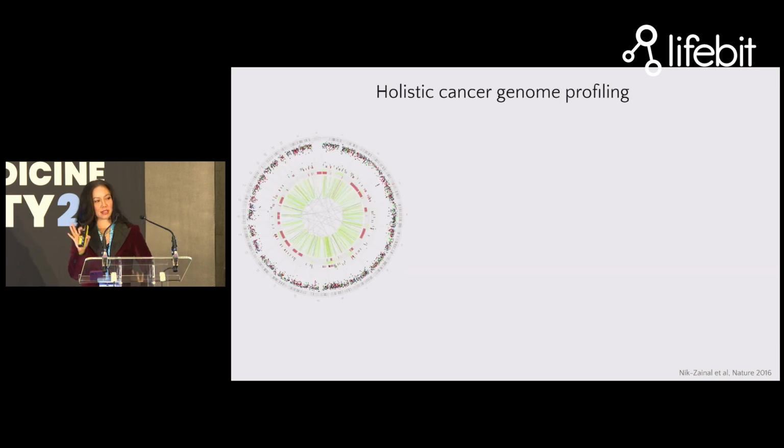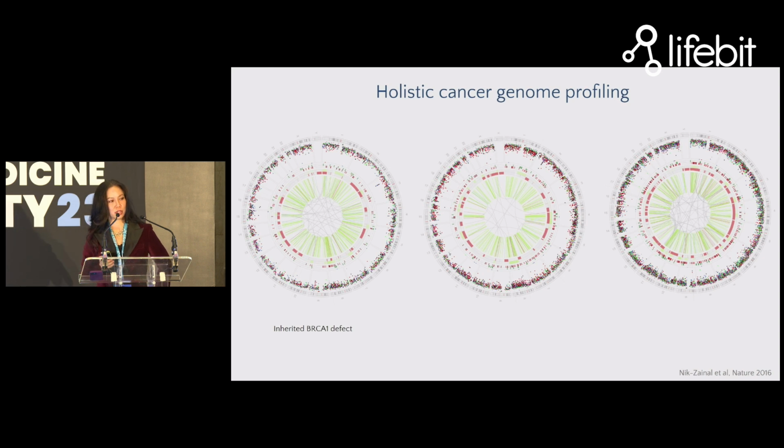And if I show you, this is the same patient with her inherited BRCA1 mutation. And here are 2 other women who are not related to her at all. They have no relation, but they have very similar whole genome profiles. So if you take this holistic approach, they look very similar. One of the other 2 women has an acquired BRCA1 mutation. And the other one does not have any genetic defect. What she has is promoter hypermethylation of BRCA1, so she's turned off the gene in an epigenetic way.